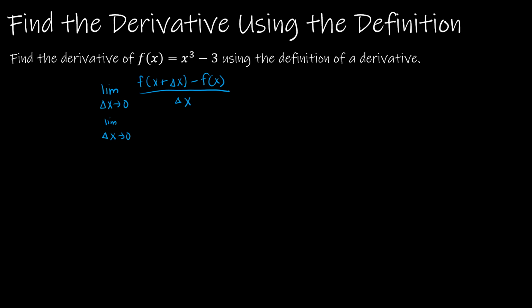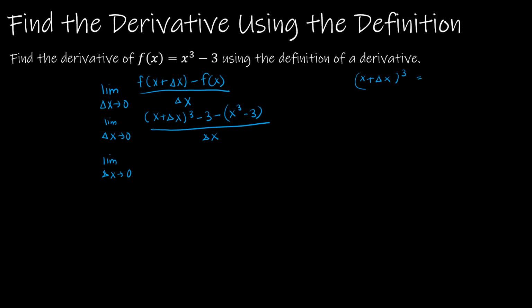So now I'm going to, again, keep writing the limit as delta x approaches 0. f of x plus delta x gives me x plus delta x cubed minus 3, and then minus x cubed minus 3 over delta x. Now, the hardest part of this question is going to be determining what x plus delta x cubed is.